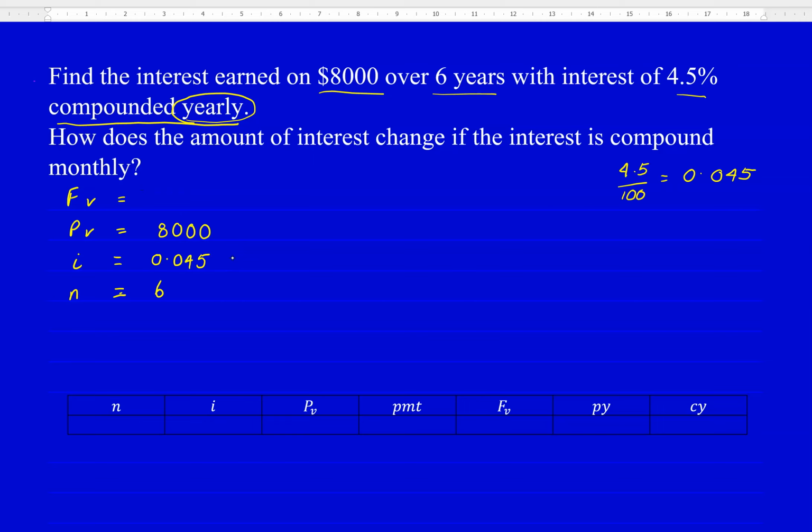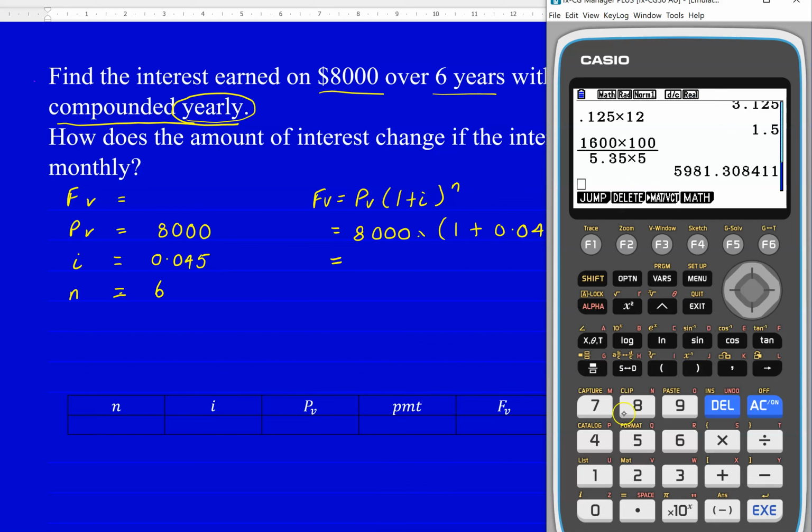Okay, so we write our formula down: future value equals present value times (1 plus I) to the N, and we substitute in. 8,000 times (1 plus 0.045) to the 6. We're going to pop that in our calculator.